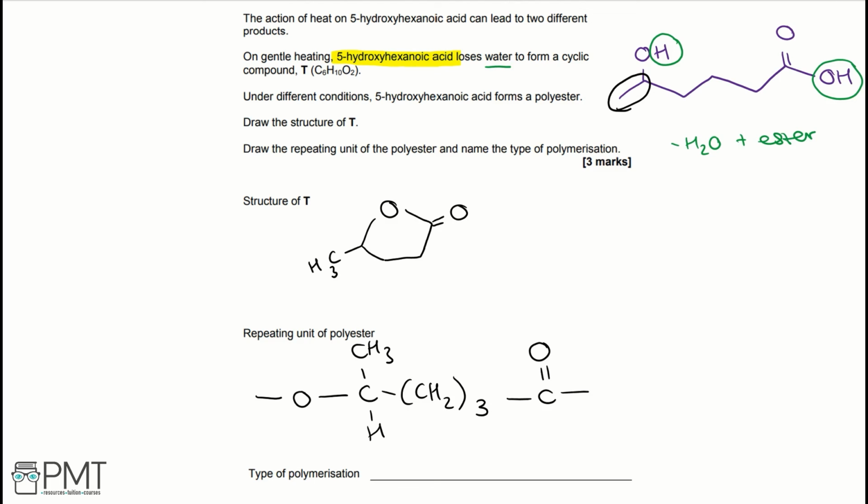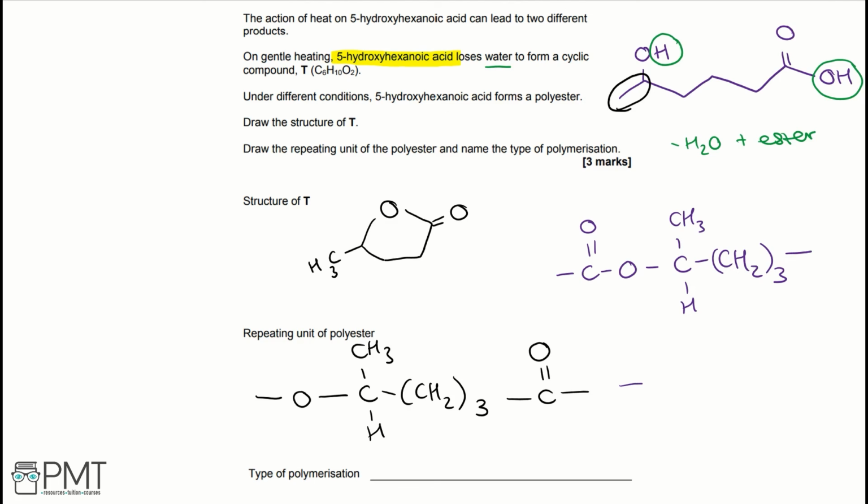There are two different alternative answers for this question. So you could have the ester functional group at the beginning of your polyester and then the rest of the molecule. So we have C, CH3, H, and then CH2, and then 3. So this is one alternative. You could also have your side groups at the beginning.